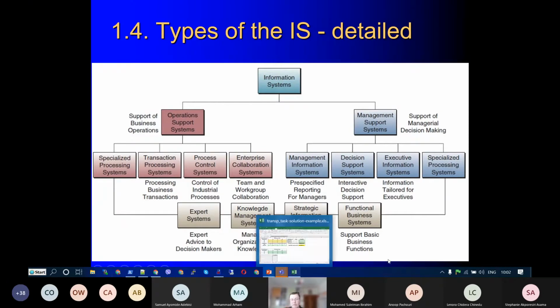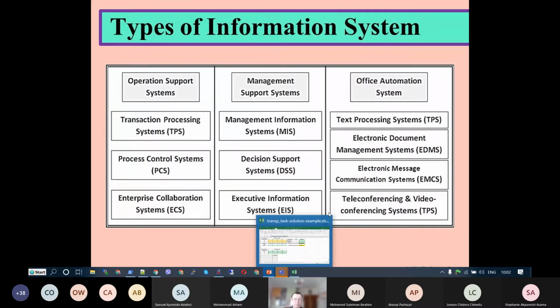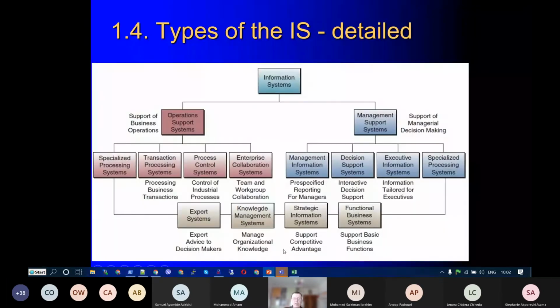And here we have a third group at the bottom, a little bit unlabeled, where we place expert systems, knowledge management systems, strategic information systems, functional business systems, and so on, because they combine features of both.